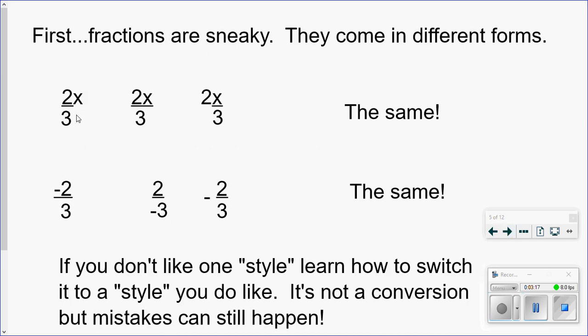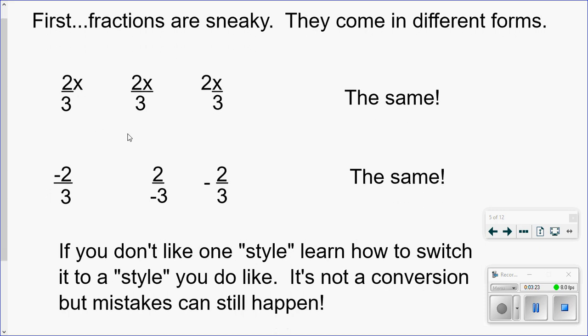First, fractions are sneaky. Part of the reason people don't like them is that they have different ways of being written, and people don't like them all. So for instance, 2/3 x, or 2x divided by 3, they all mean the same thing. Okay? They're all written out in different ways, but they all mean the same thing. Likewise, -2 divided by 3, 2 divided by -3, or -2/3 all mean the same thing.